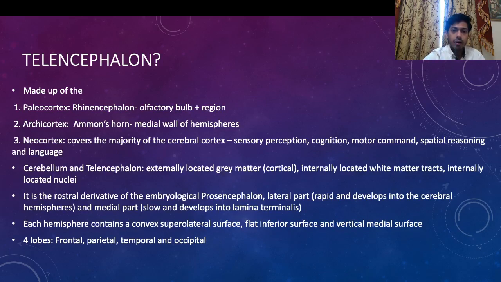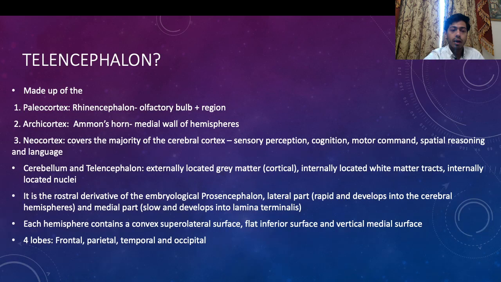So embryologically, the telencephalon is a rostral derivative of the embryological prosencephalon. So I'm not going to go into an embryology lesson, but we know that the brain is made up of three embryological derivatives, and the most rostral of those, so the most superior, is the prosencephalon.